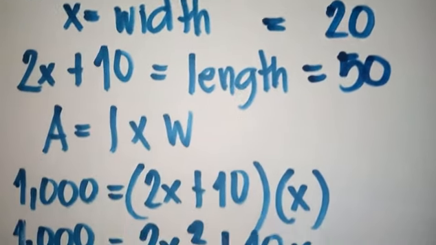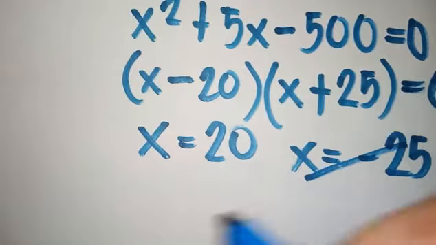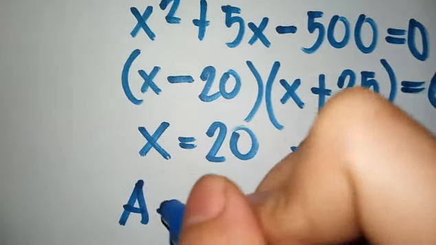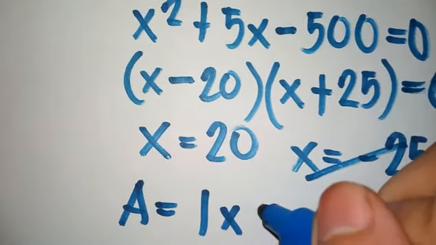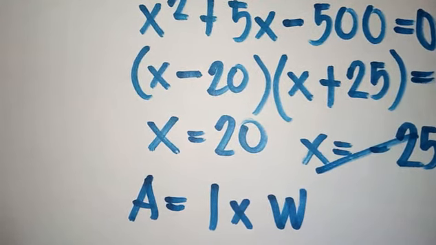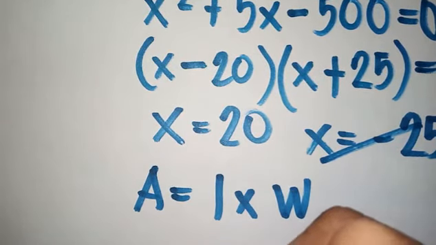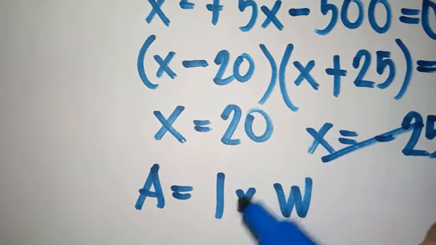So, para ma-check natin siya, i-apply lang natin ulit yung formula for area of a rectangle. So, length times width. Since dun sa problem, sinabi kanina na yung area niya ay 1,000 square meters. So, ngayon, isa-substitute natin yung ating mga nakuha na length.